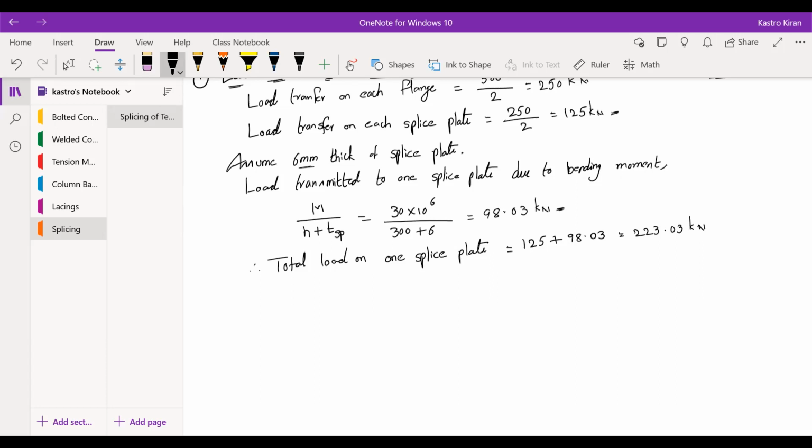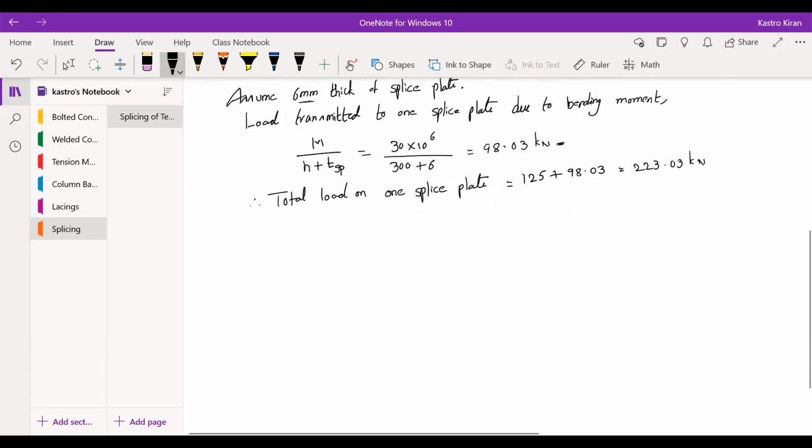Now let's find out the area of the splice plate, and by using the area, let's find the width and thickness of the splice plate. So the sectional area required for one splice plate. We are calculating for only one splice plate; if you know the dimensions of one splice plate, the same can be replicated for the other splice plate as well.